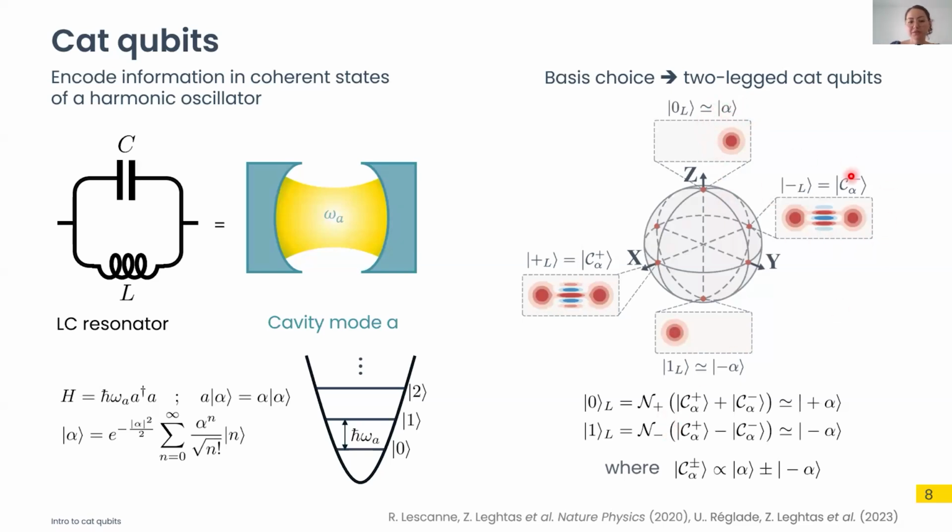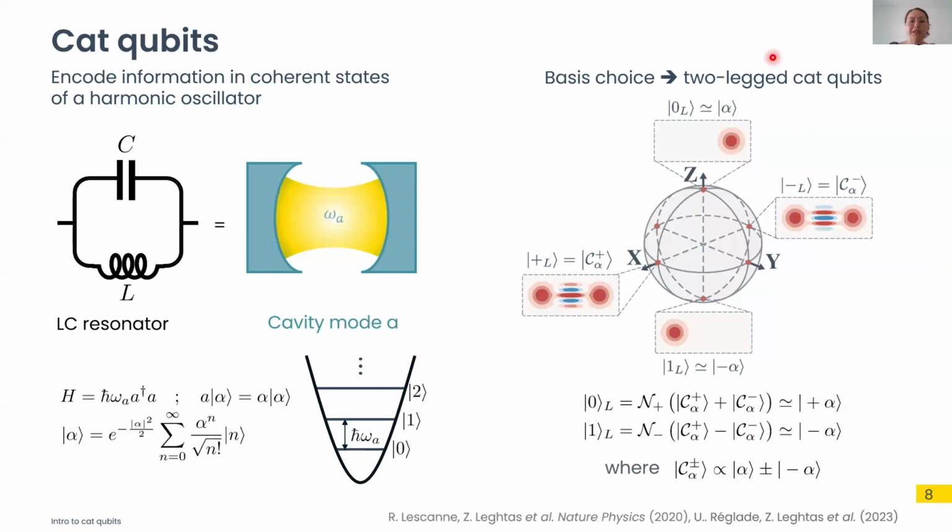And then we have coherences, which are basically alpha plus minus alpha and alpha minus alpha. And then we see here the fringes in the middle. They're basically the coherences between these two states. Now we have like this picture that I showed earlier, where we had this two-level system where you encoded 0, 1. Here we're encoding it in this infinitely large Hilbert space, but still we can define what the logical 0 and logical 1 are.